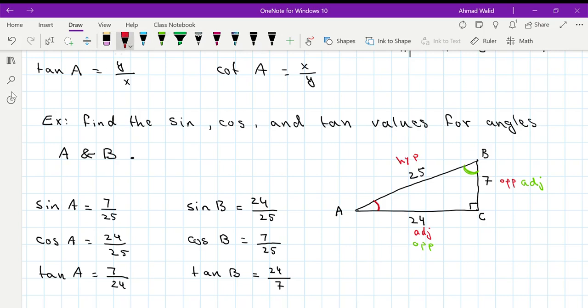You see, sine of angle A, which is 7 over 25, actually equals cosine of angle B. Cosine of angle A, which is 24 over 25, equals sine of angle B. Correct? And if I write cotangent for both of them and secant and cosecant, that will be a kind of relation between these two angles.